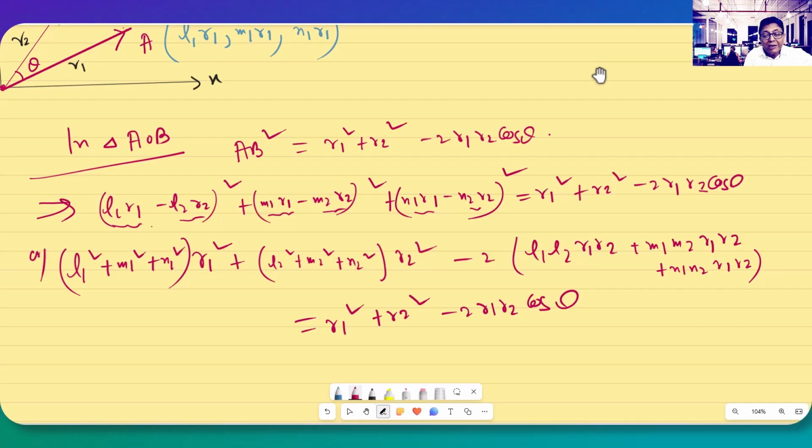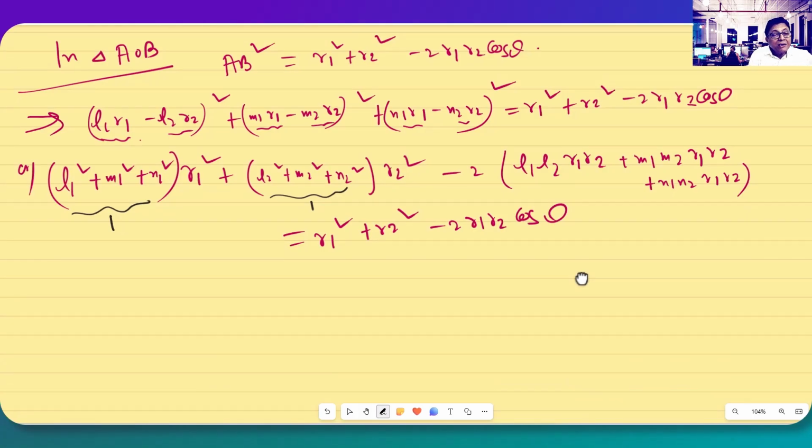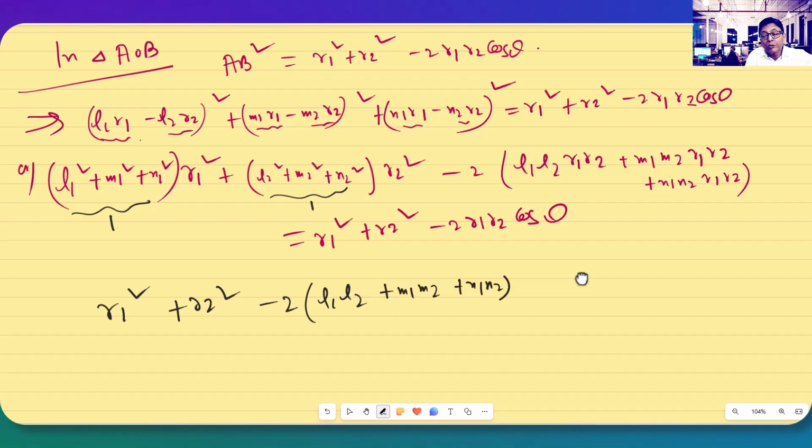Clear? Twice AB equal to R1 square plus R2 square minus twice R1 R2. Now this thing is what? L1 square plus M1 square plus N1 square. This result is 1. This is also 1. So what do you get over there? That is R1 square plus R2 square minus 2 times L1 L2 plus M1 M2 plus N1 N2 times R1 R2 equal to R1 square plus R2 square minus 2 R1 R2 cos theta.